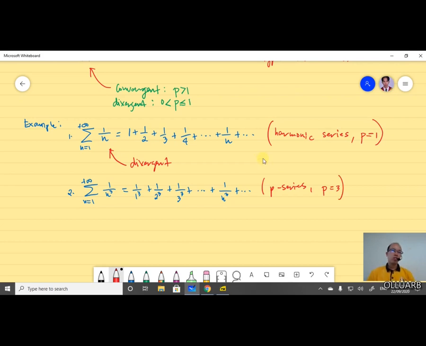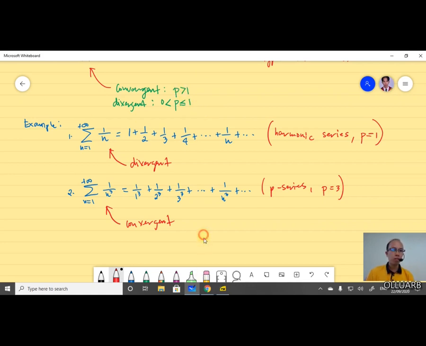This is how you are going to use the definition, and based on the theorem, this is convergent since our p is 3, which is greater than 1.